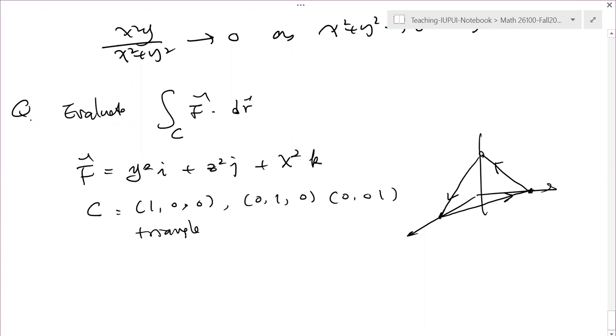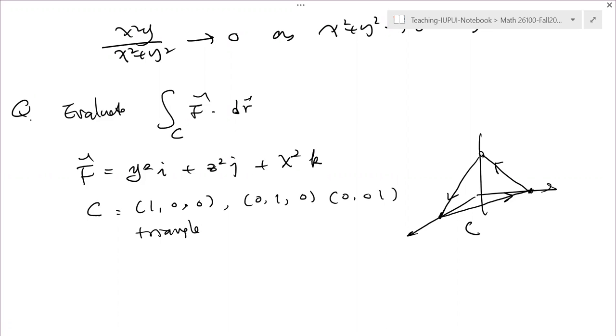So we want to evaluate this integral, and this is a closed line integral. If the curve is closed, there's a chance you can use Stokes' theorem to convert it to a double integral instead of a line integral.